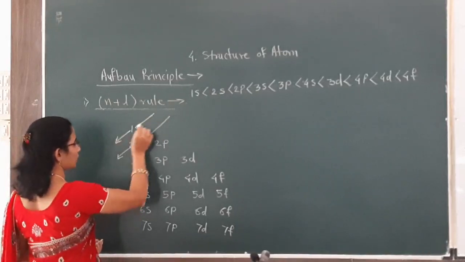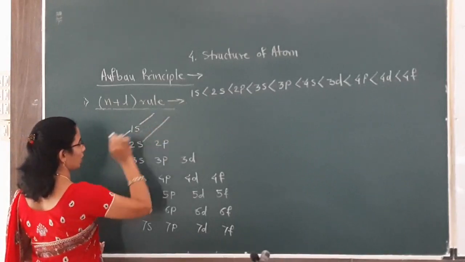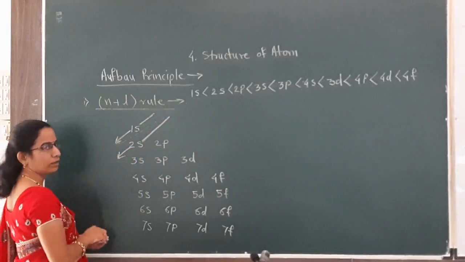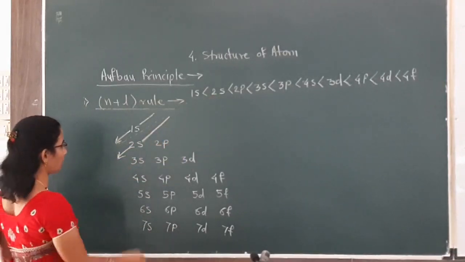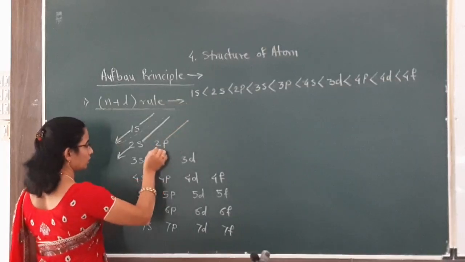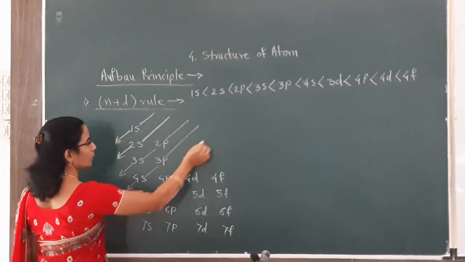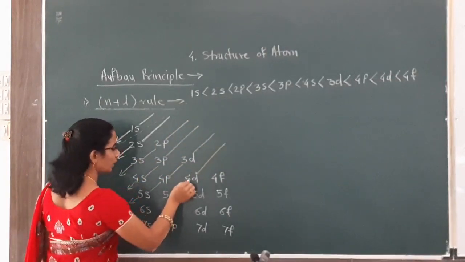After reaching up to this head, you have to go here, and then you come across the atomic orbital. You will reach the 2s orbital, which is the next higher energy orbital. Then again draw the arrows like this. I will draw the arrows in this diagram.